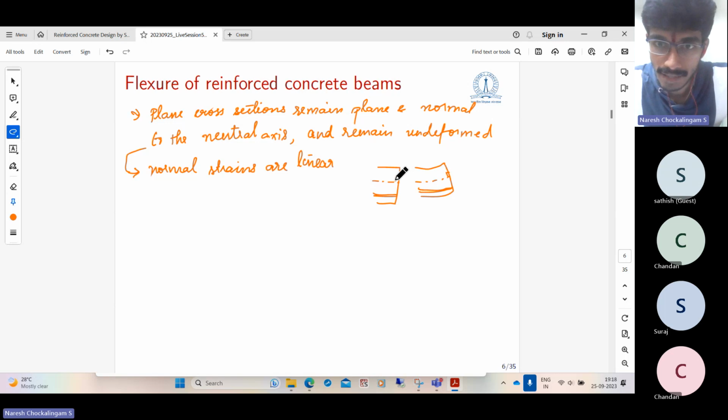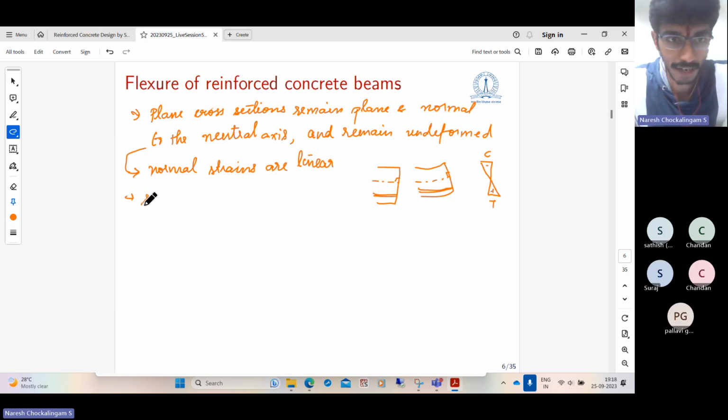So this remains 90 degrees. And as a result, since the straight line remains a straight line, the strain is something like this. Above it is compressive, below it is tensile. And the strain distribution in the cross section is linear.